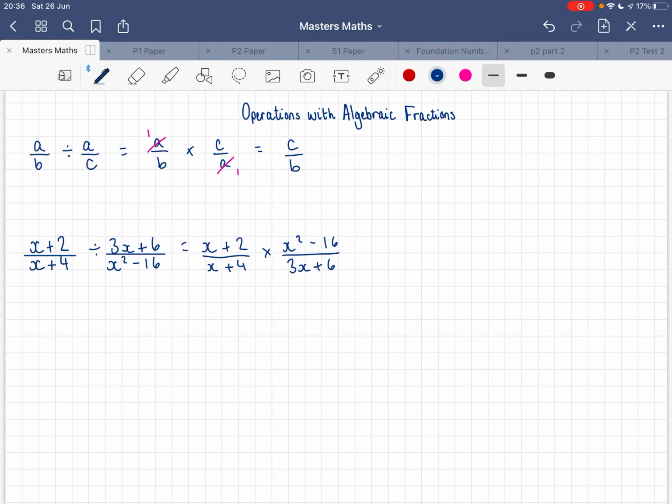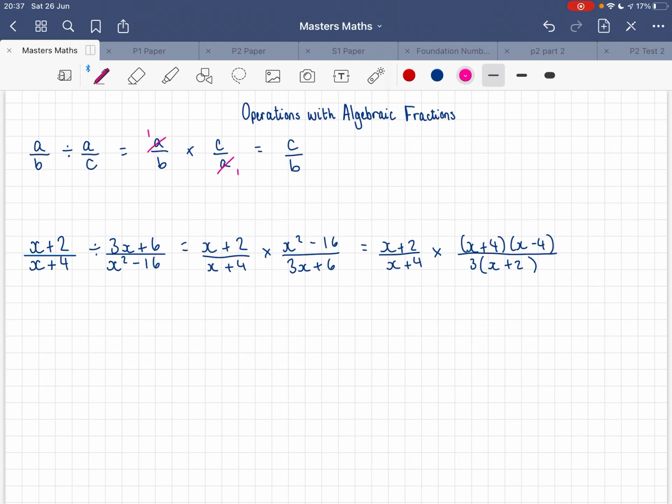I'm going to factorize quite a lot there. This first fraction, there's nothing I can do, so it just stays x plus 2 over x plus 4. But x squared minus 16 becomes x plus 4, x minus 4, because it's the difference of two squares again. And then 3x plus 6 becomes 3 times x plus 2.